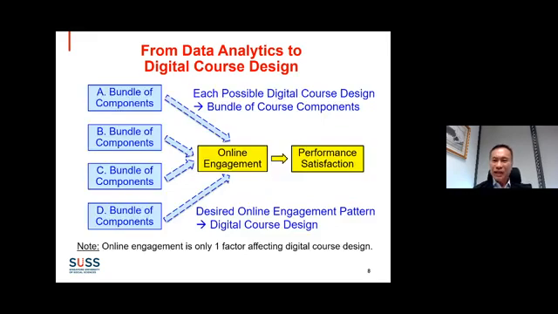So let me move on now to give an illustration of how that can be done. By the way we defined course design just now, we're thinking of a course design as a bundle of components. What are these components? These components are all those that we saw in the gray box just now.